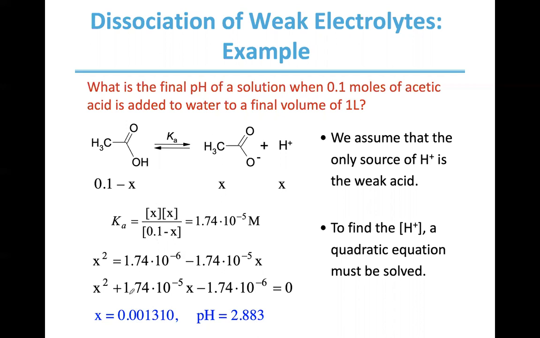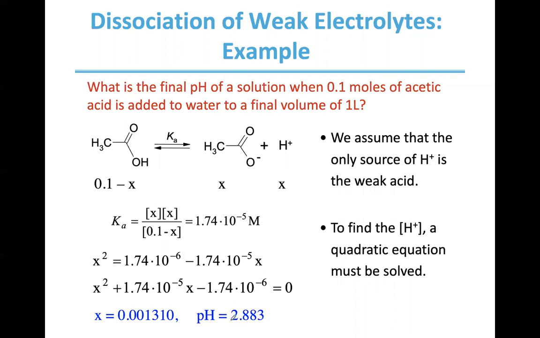Now we have a quadratic equation. We'll solve it. We'll find the concentration of protons, and we'll take the negative log of this number, right? Take the negative log, and pH is 2.8. So just roughly, does this make sense? Yes, it does, because pH is now below 7, right?